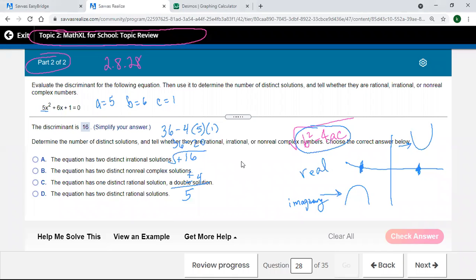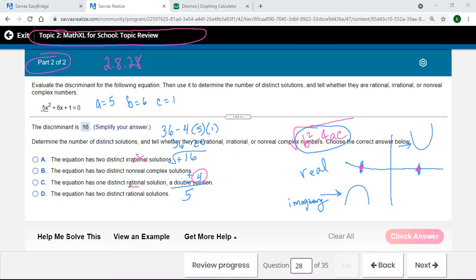And now, because of that, what does that mean about these zeros over here? Is it going to cross on the x-axis? When it's positive under the square root, it does. And because it's a number that comes out of the square root, it's not irrational.